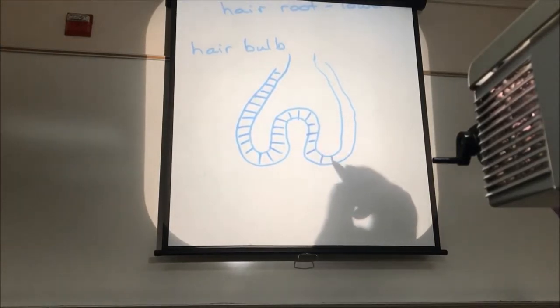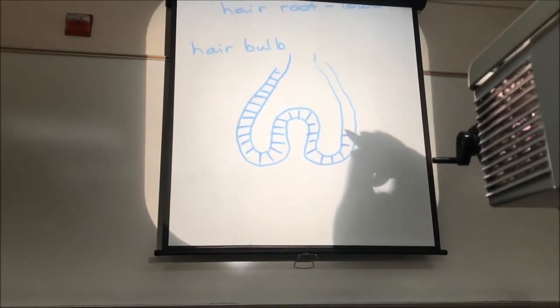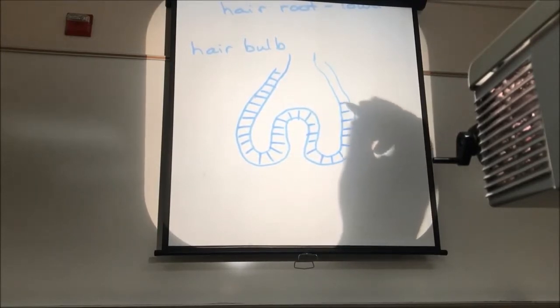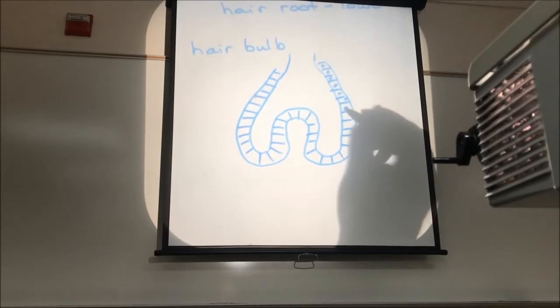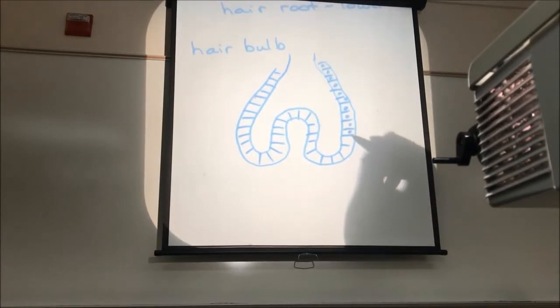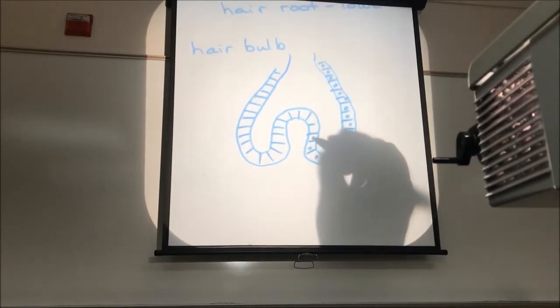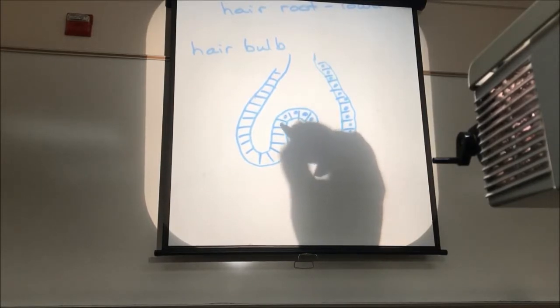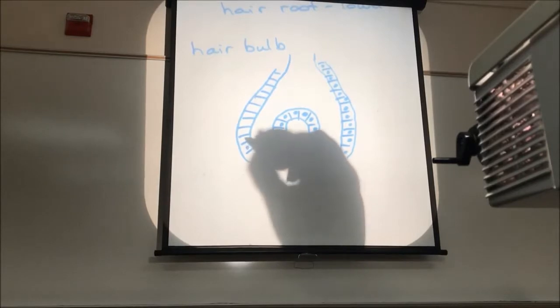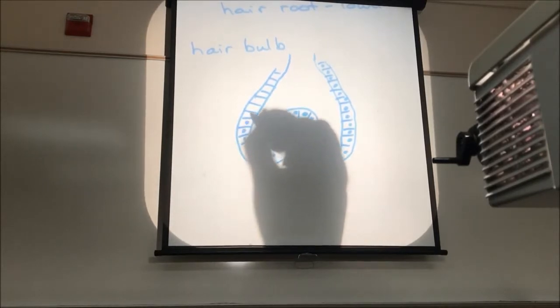Now, I am simplifying this a lot because I can't draw it with all of its complicated glory, but I think we can get the basic idea across here. Most of this hair bulb is epithelial tissue, which is to say that it doesn't have any blood vessels.